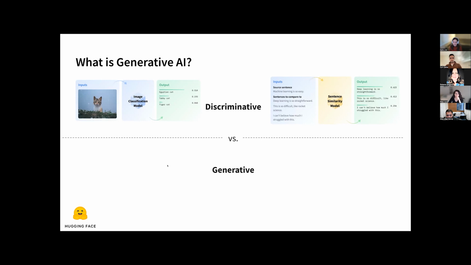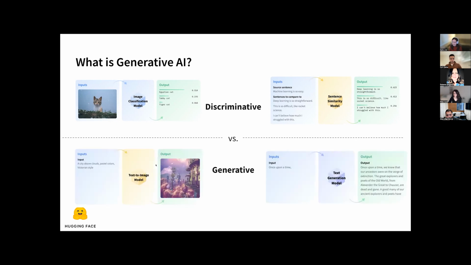As Shek mentioned, these are narrow specialized models that can do tasks like image classification, for example, a chest X-ray model that's able to classify pneumonia versus no pneumonia. But these days, we're talking a lot about generative AI, such as text-to-image models, which are able to generate high-quality images from text inputs, or generative text models that are able to complete sentences like "once upon a time."